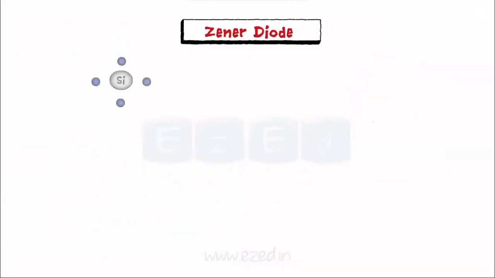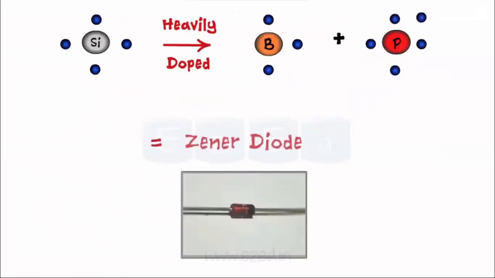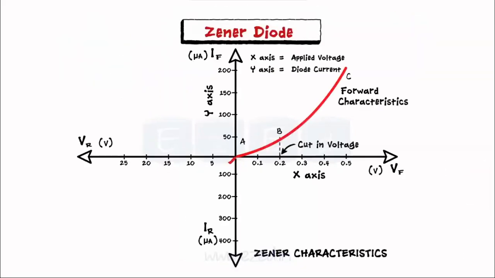In order to prevent our diode from breaking down, the diode should be doped in a very controlled manner. When an ordinary diode is heavily doped so that it has a very sharp breakdown voltage, it is called the Zener diode. Thus, in the Zener diode, the breakdown voltage is accurately adjusted to make it withstand the reverse bias mode.